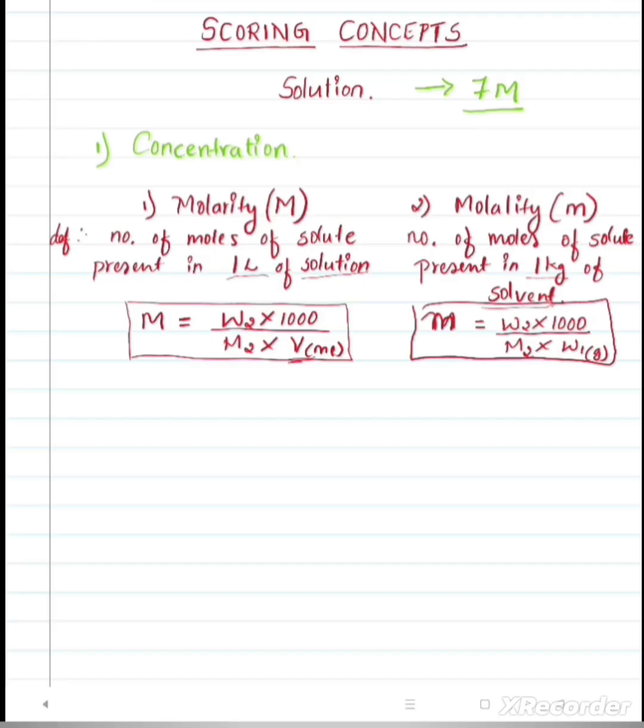W1 means weight of solvent, W2 means weight of solute, and M2 means molar mass of solute. The unit for molarity is mole per liter. The unit for molality is mole per kg.